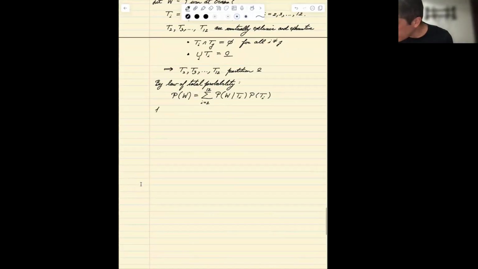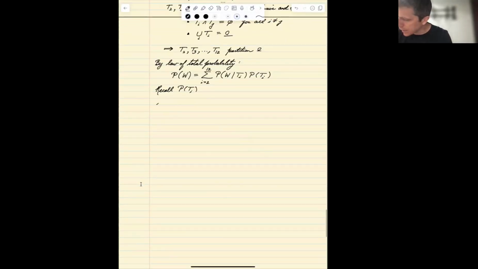Let's first recall the probabilities of the come out rolls. We calculated this in a previous class, and I'm just going to copy them down again here.